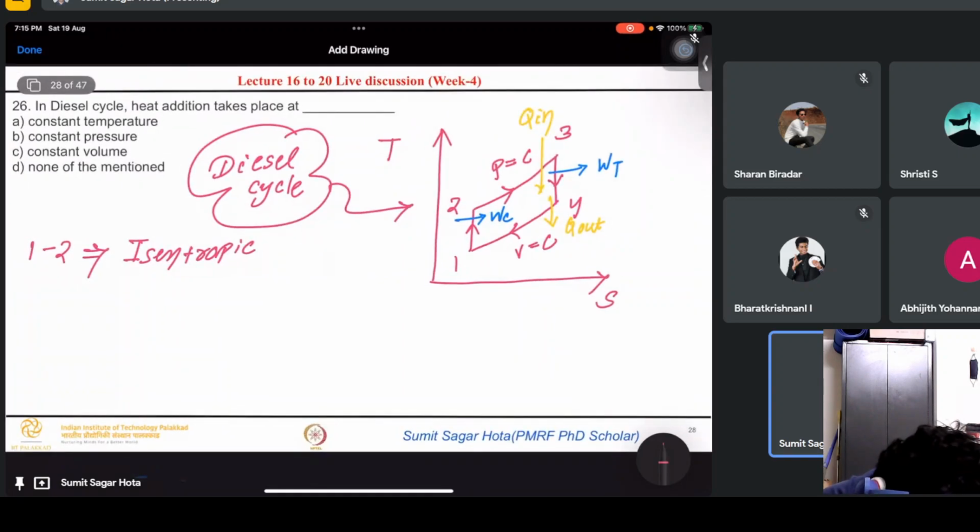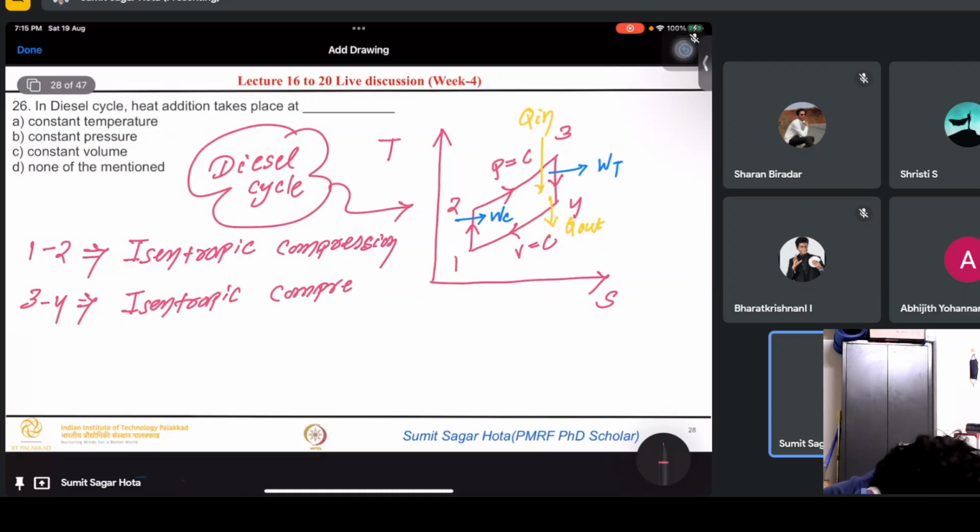1 to 2 is isentropic compression, and 3 to 4 is also isentropic. This is common in the diesel and Otto cycle. Now the change is 2 to 3.